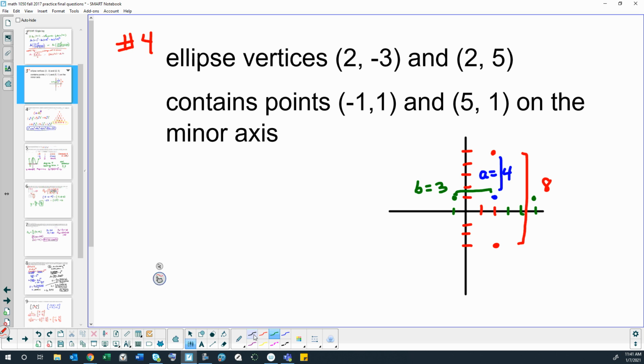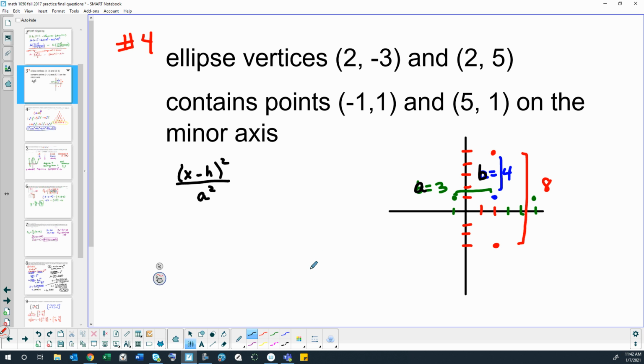Okay, so we just follow the formula, which is on your formula sheet. So x minus h squared over a squared. Oh, I just messed something up. Technically, based on the formula we're using, horizontally is always a, and vertically is always b.